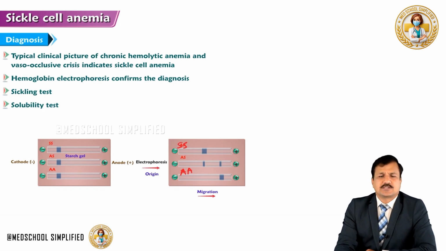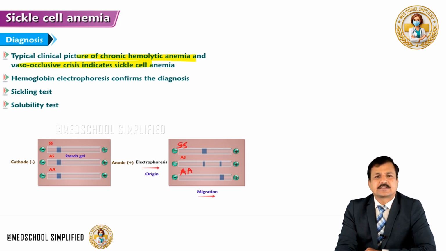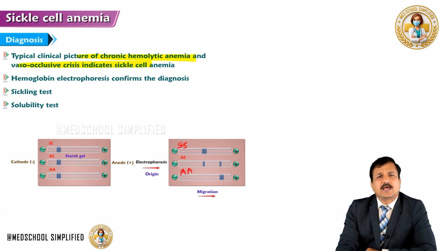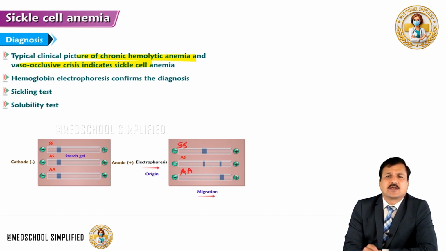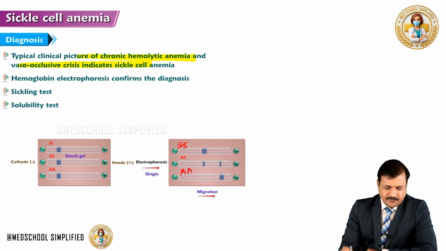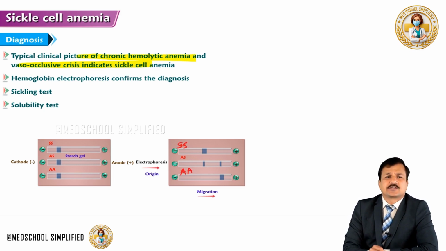Coming to diagnosis of sickle cell anemia, typical clinical picture of chronic hemolytic anemia and vaso-occlusive crisis indicates sickle cell anemia diagnosis. But electrophoresis confirms the diagnosis with the presence of homozygous hemoglobin. As you see here in the hemoglobin electrophoresis, 3 samples are applied at the cathode side.